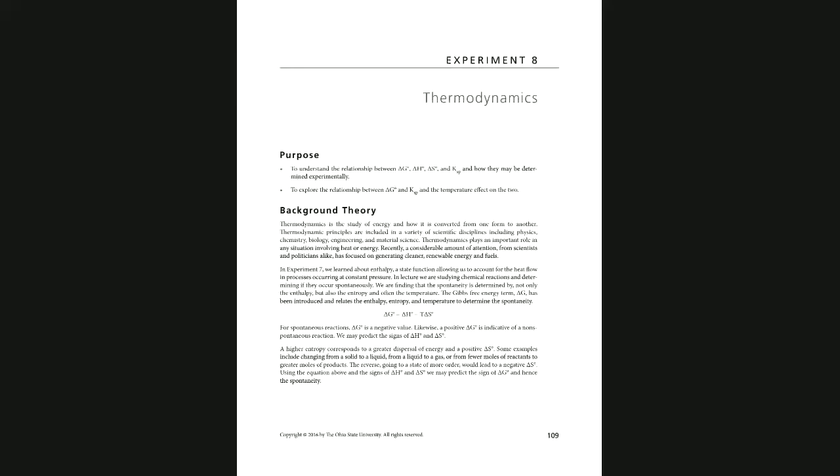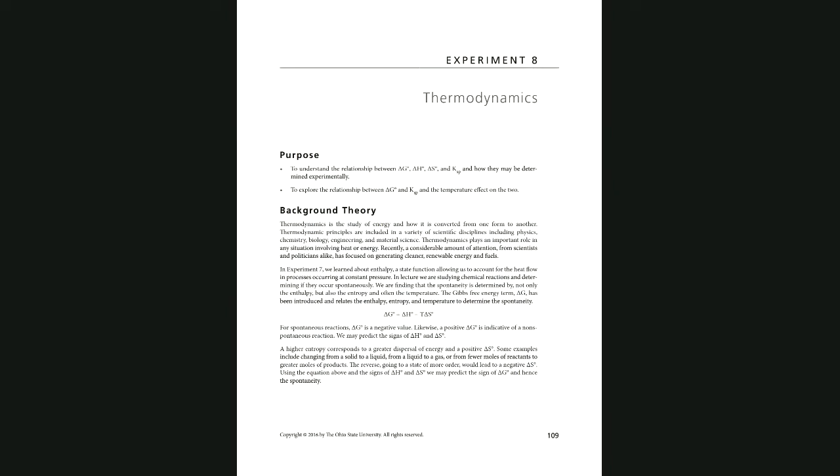But I will provide you with the data values that you need to start your calculation following the theory. The theory for the experiment is explained on the first few pages of experiment 8.